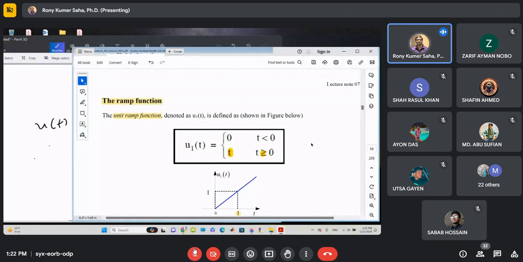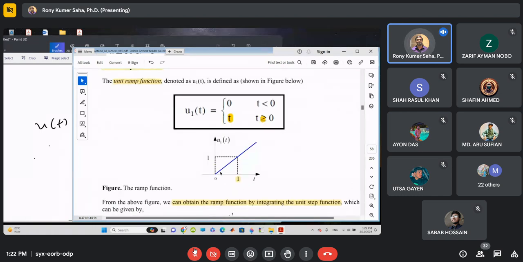Now, if it is a ramp function, as you know, the expression of the ramp function is: for any value less than zero, it is zero, and for equal and greater than, it includes the point t equal to zero.